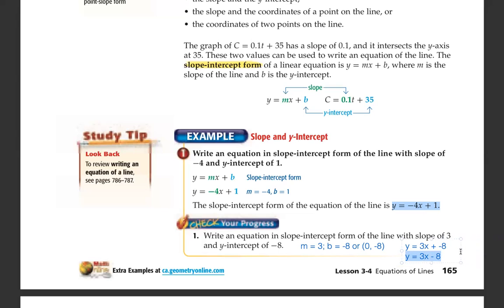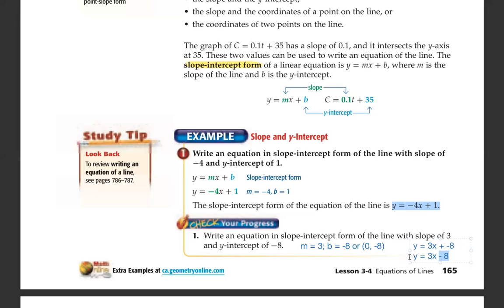So it looks like, and this is applicable at all times, that if you are writing an equation in slope-intercept form and you're given a y-intercept, whatever your y-intercept is, that's the number you write after the x in your y equals mx. So after the x, you can write your given y-intercept right away.